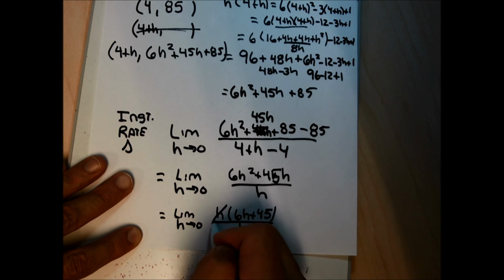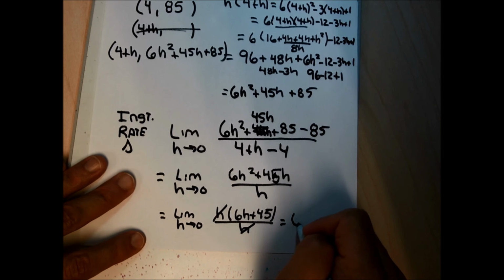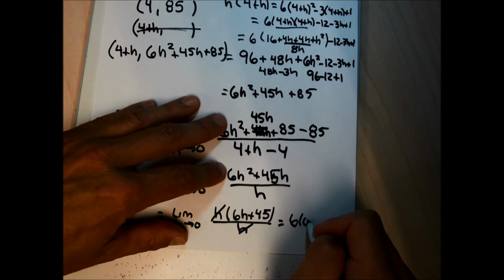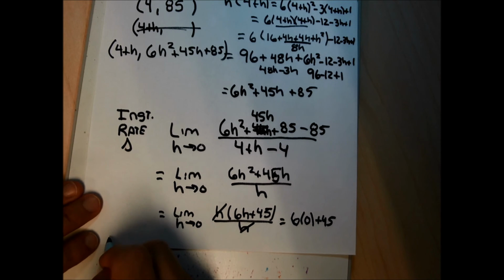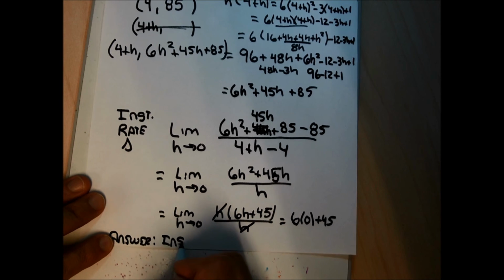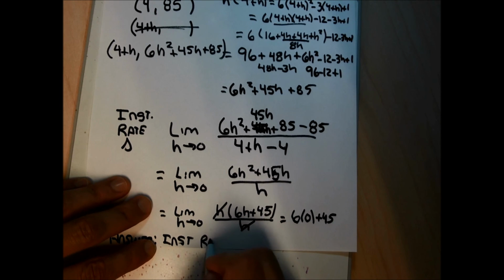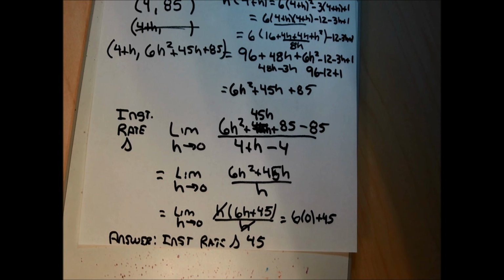But I cancel the h's and plug my 0 in to the non-fraction. So it's going to be 6 times 0 plus 45, which is going to be 45. So my answer, the instantaneous rate of change, is 45. That's everything but the graphing part of this.